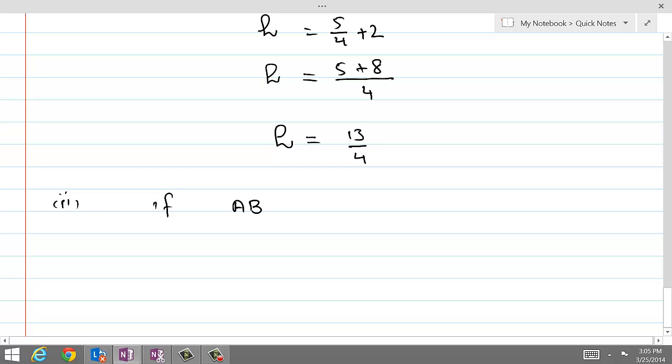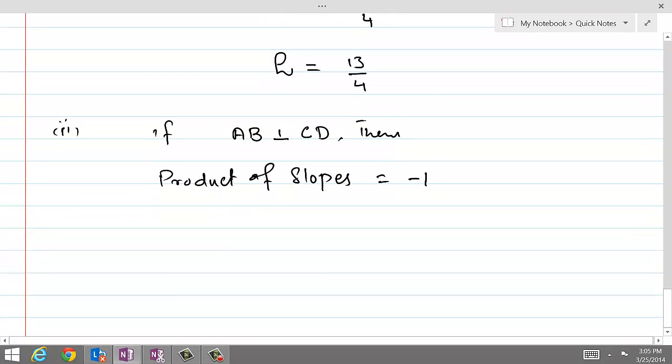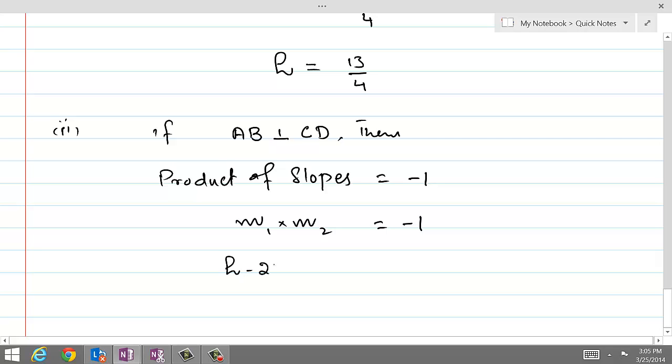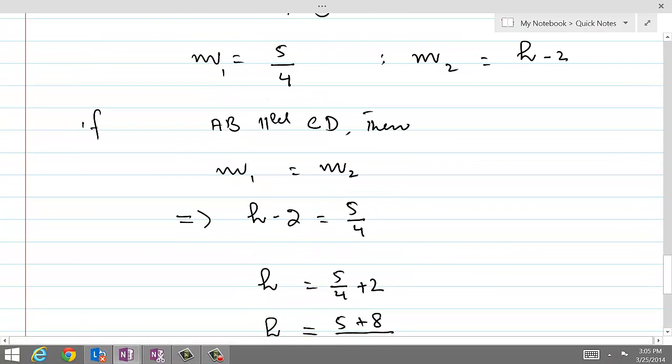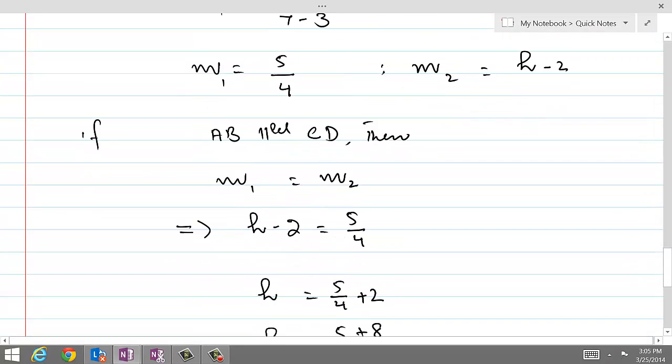This means that m1 times m2 is equal to -1. m2 is equal to h minus 2, and m1 was equal to 5 over 4.